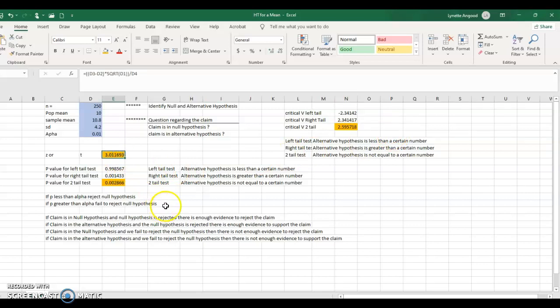Well, 3.01 is further from 0 than 2.596, so we have unusual results. If the null is really true, it's highly unlikely that we would end up with a sample average this much bigger than 10, or even more bigger in either direction. Okay, I know that's not good English.